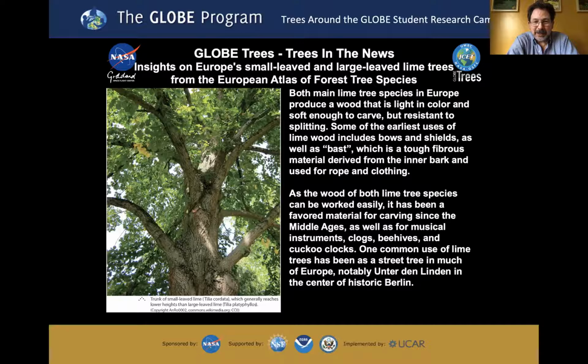And of course, they apparently make a pretty good urban tree along the Unter den Linden, another word for a lime tree, in historic Berlin. So you may have these in the cities where you live as well. Next slide.